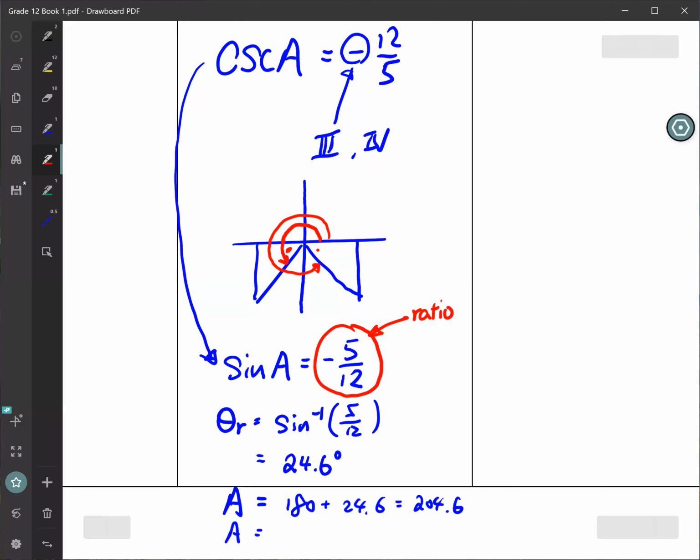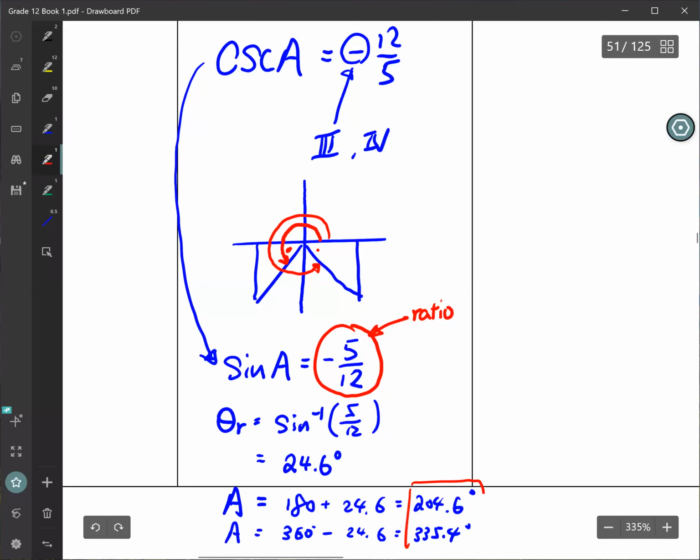So 360, that's full circle, minus 24.6. What's that equal, William? I am gonna use my calculator because I don't have a brain today. 335.4 degrees. Yes, so that will be the final answer there.